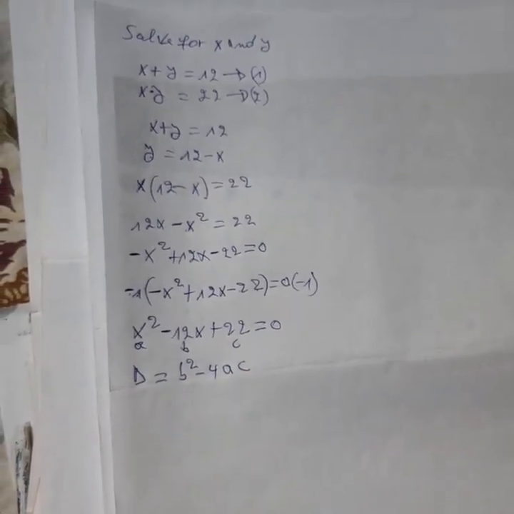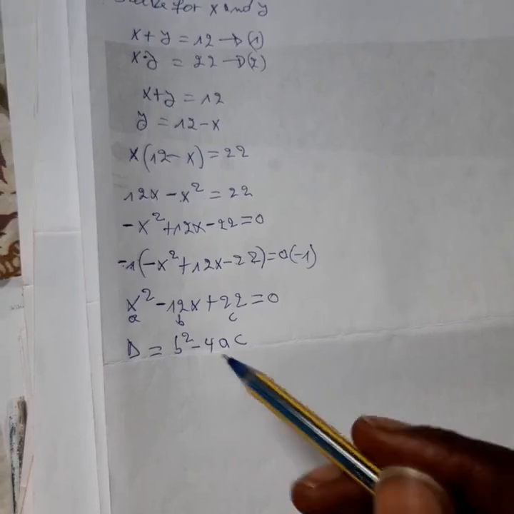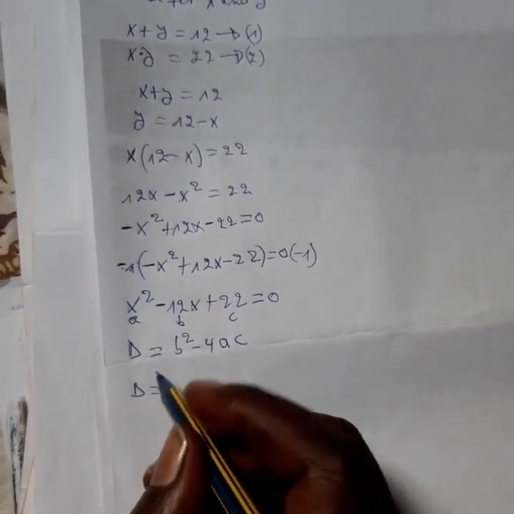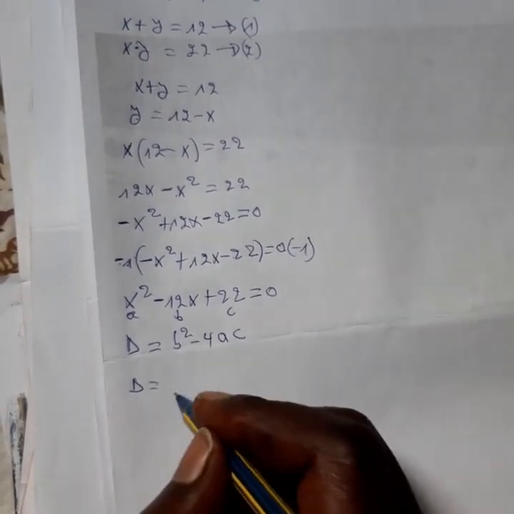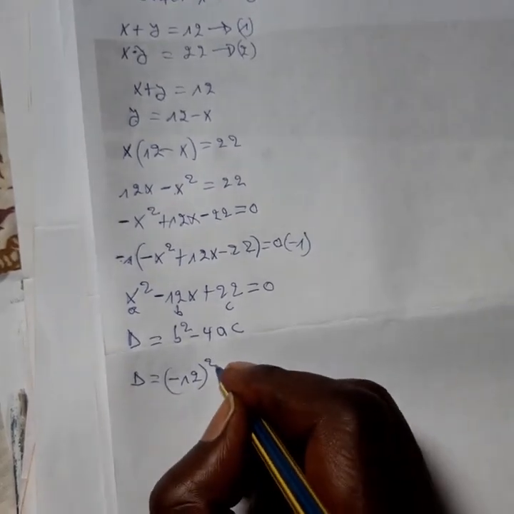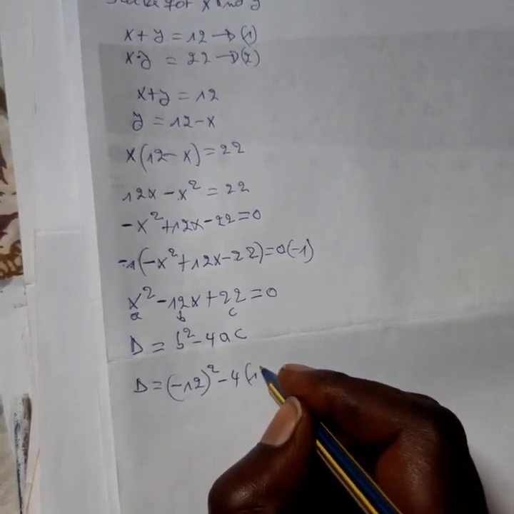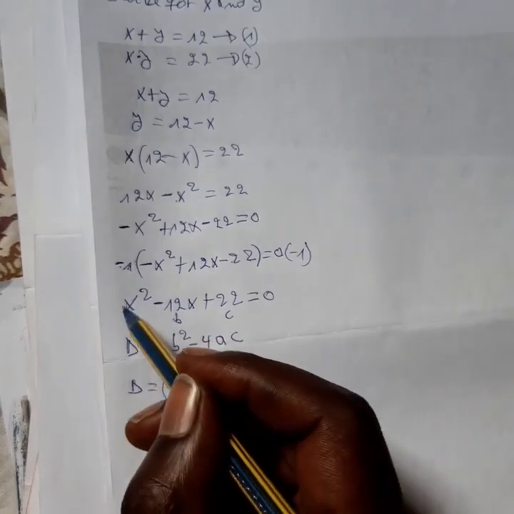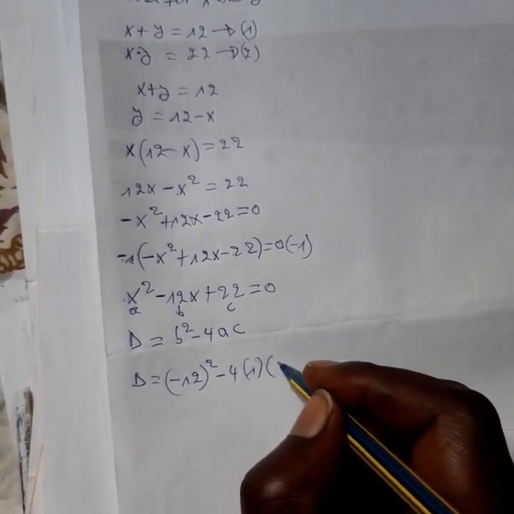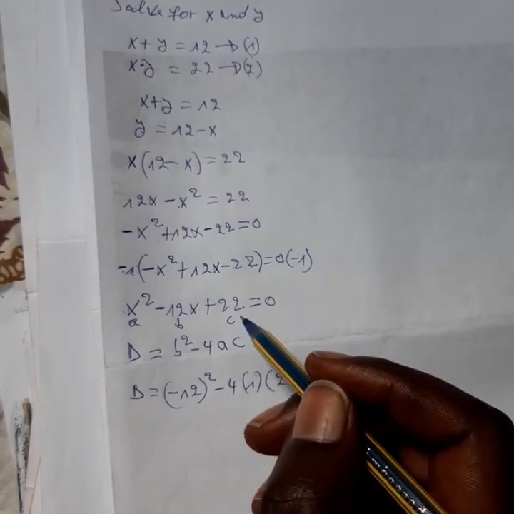Then we're going to replace the value of these letters in this formula. So d will be equal to b squared, which is negative 12 squared, minus 4 times 1, because here we have coefficient 1, times 22. So c has the value of 22.